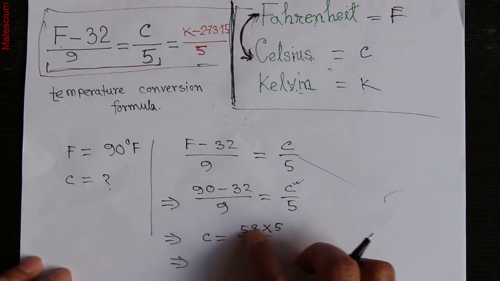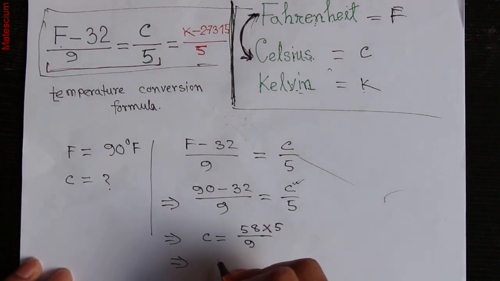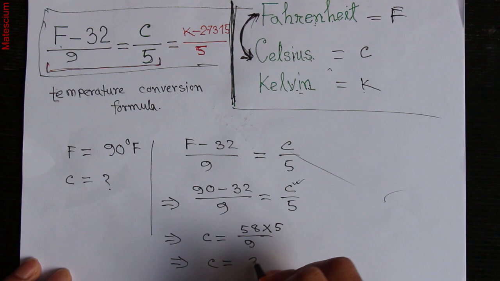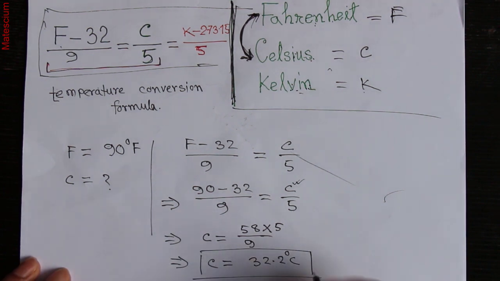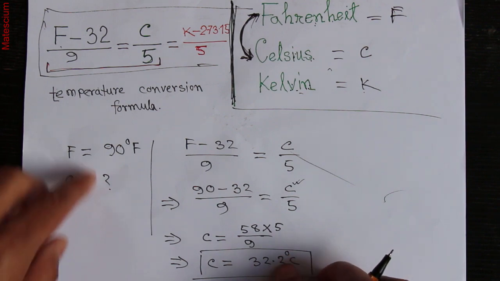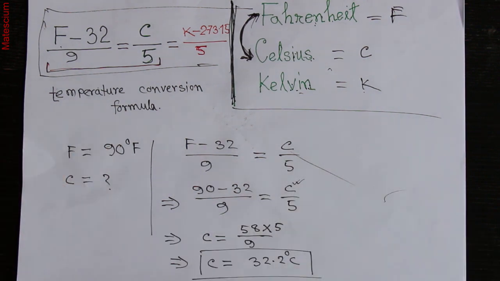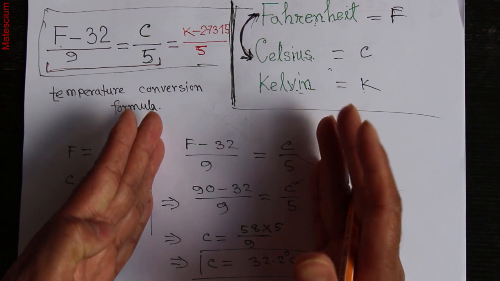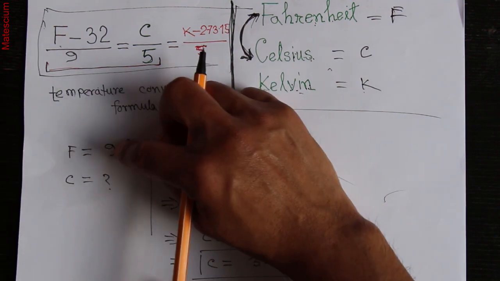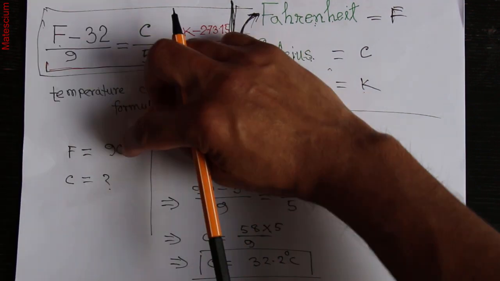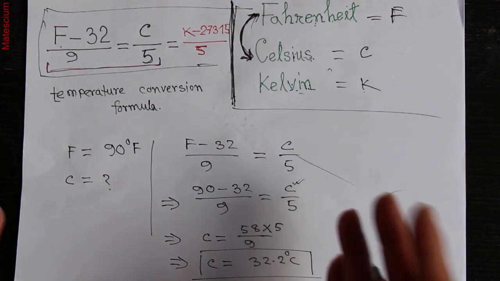If we calculate 58 times 5 over 9, it will be 32.2 degrees Celsius. Yes, 32.2 degrees Celsius, which equals 90 degrees Fahrenheit. Isn't it simple? Even within 10 to 20 seconds, you can convert this temperature to that temperature, that means this unit to that unit. Isn't it very simple?